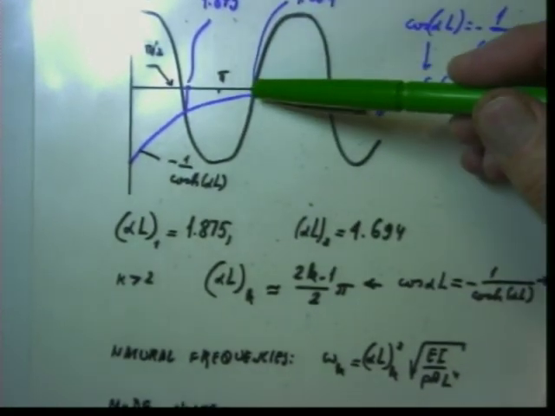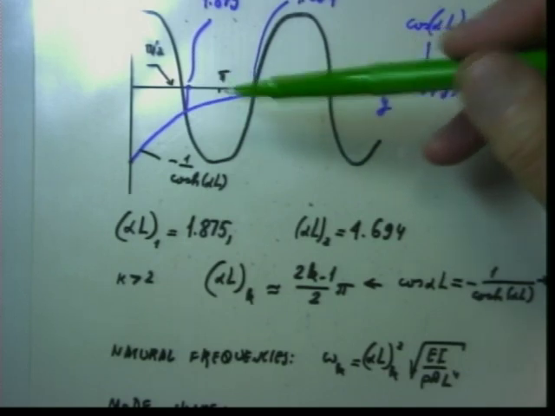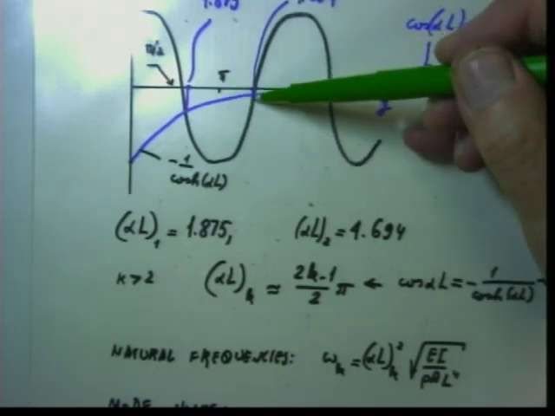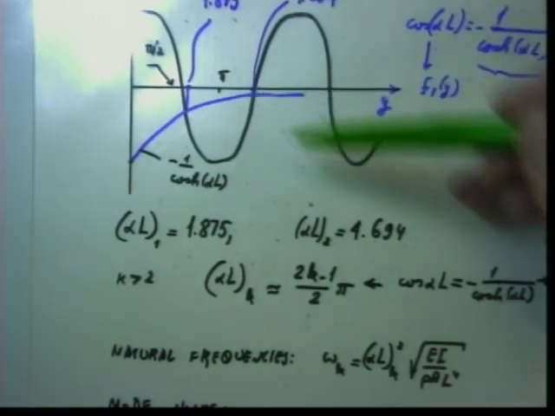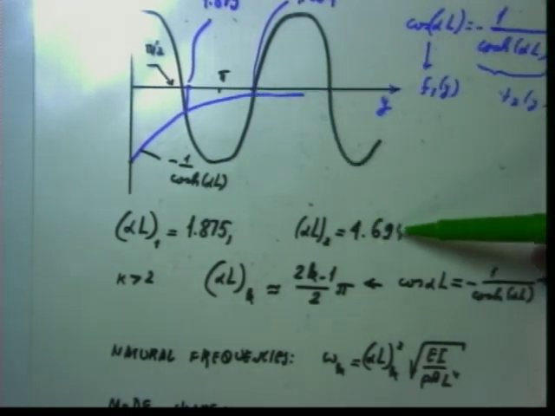Now, second root is before 3 pi over 2. So this root is a bit smaller, a bit close to that value. That equals 4.693.